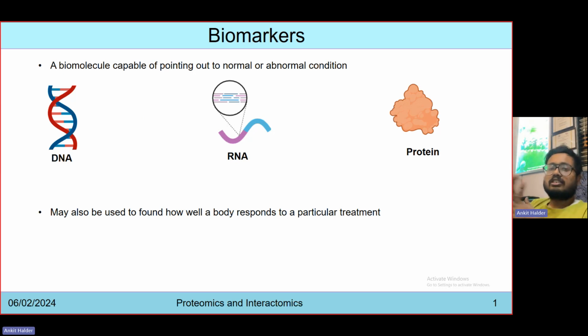So one major thing that we generally know is that mutations cause different genetic disorders.